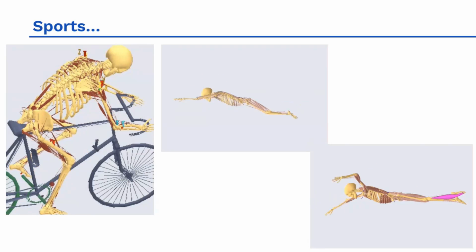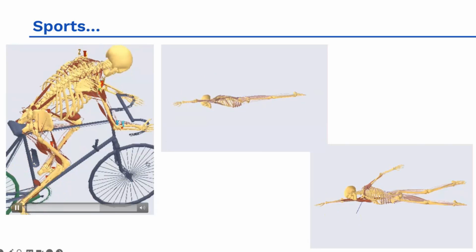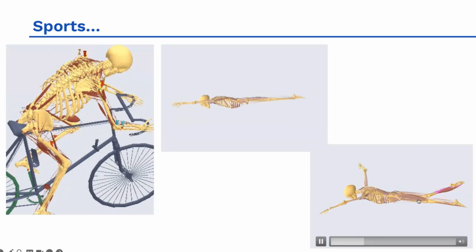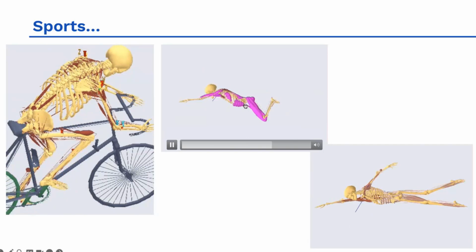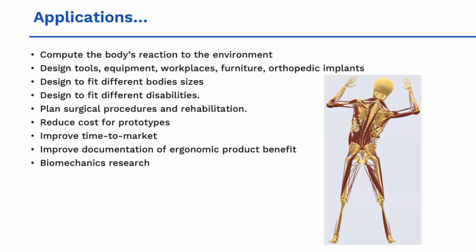And as you see here, when you're biking, you're using most of the leg muscles, but during swimming, you're using not only leg muscles, but also the other muscles in the upper portion of your body. So typical applications for musculoskeletal simulations could be for designing tools, designing equipment, designing furniture, and of course, the topic of today's webinar, orthopedic implants.